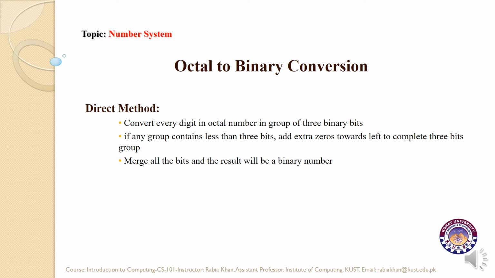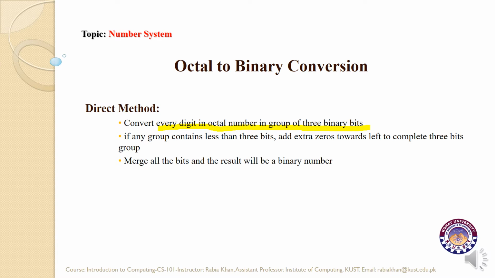The direct method says that every digit within the octal number is divided in groups of 3 binary bits. Binary bits, that means zeros or ones.